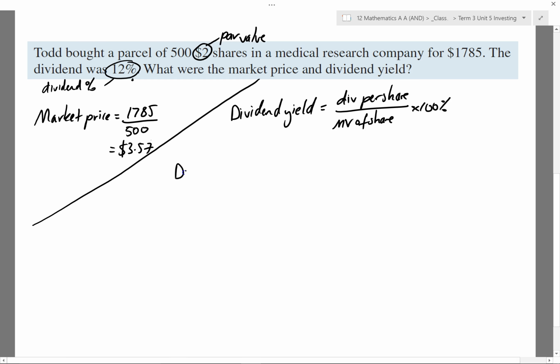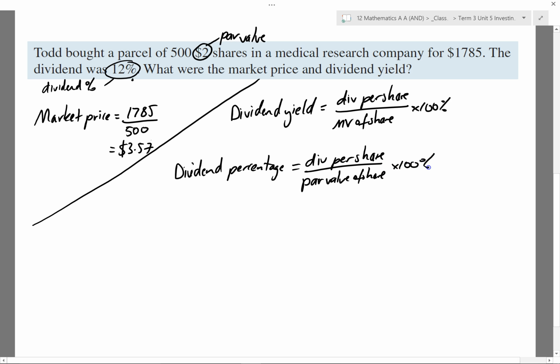The way I'll get here is using the dividend percentage. Okay, thankfully, I know what the dividend percentage is, and I know its formula. Dividend per share divided by the par value of the share, multiply by 100%. Substitute in the things I know.